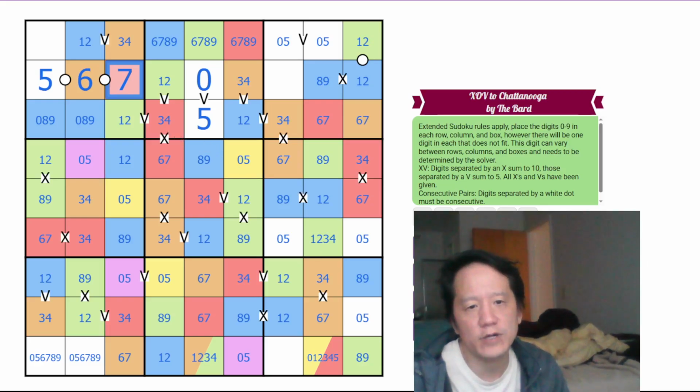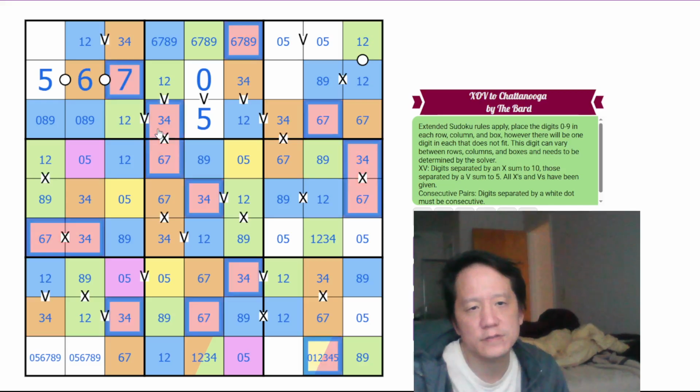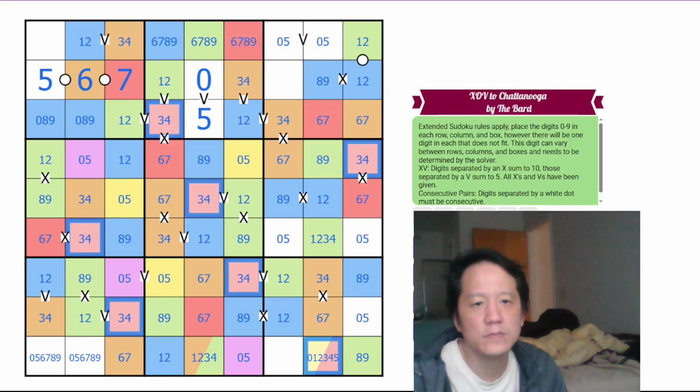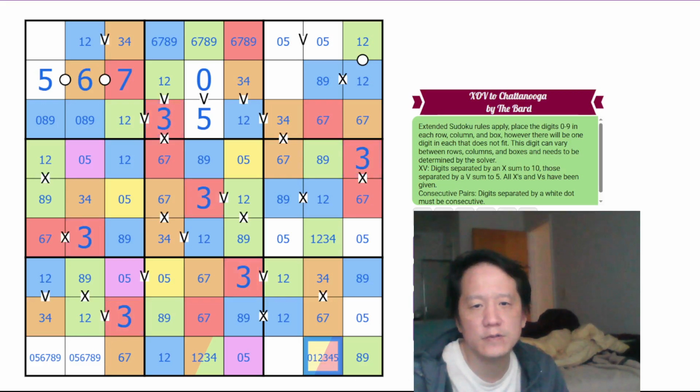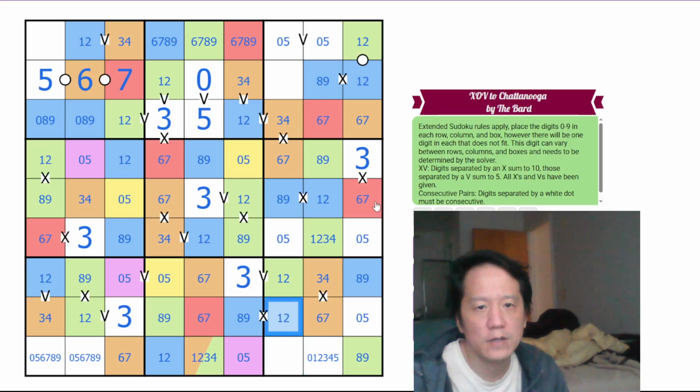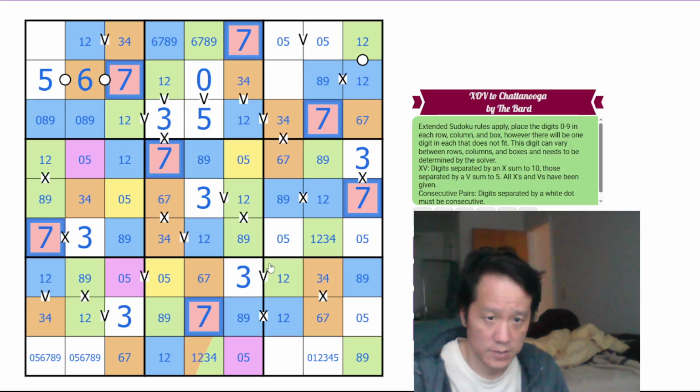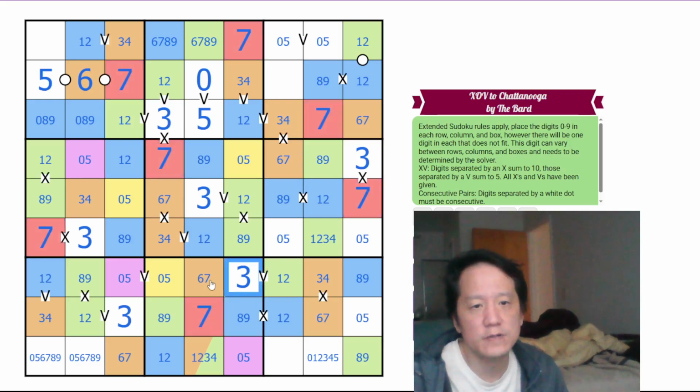So all the red 3, 4s are 3. We don't know about that one. All the red highs are 7.